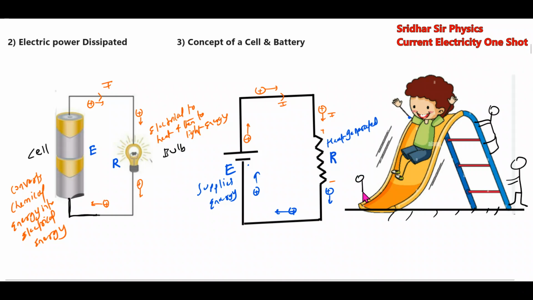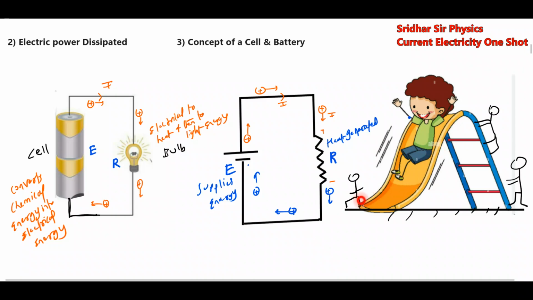So look at what the energy conversion is, how that energy conversion is taking place. The kid is at rest, starts climbing up. Then its gravitational potential increases. Then it is on the top. As it starts sliding, potential energy is converted into kinetic energy. The kinetic energy is utilized to overcome the friction.